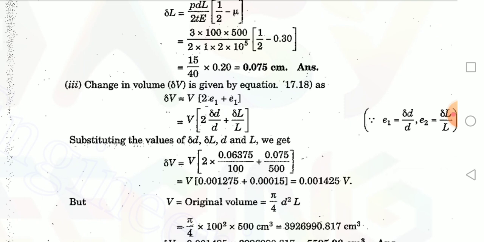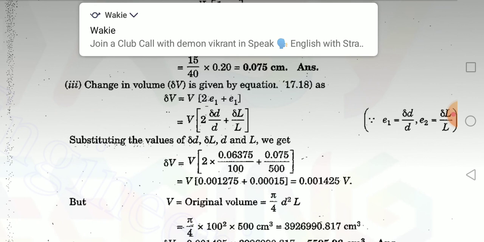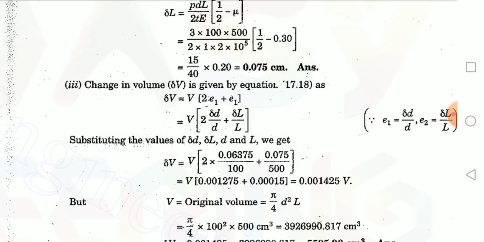Finally, change in volume. So the change in volume formula is original volume into 2E1 plus E2. E1 means change in diameter by original diameter, plus E2 means change in length by original length.